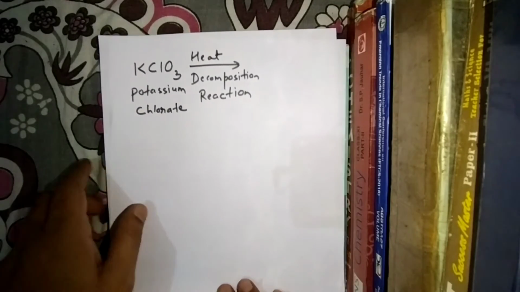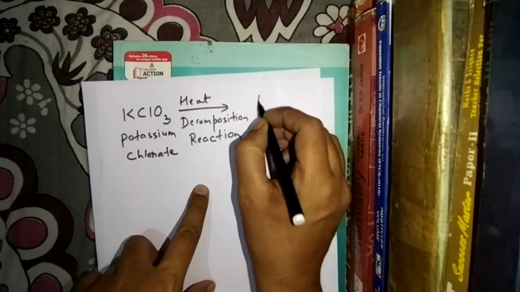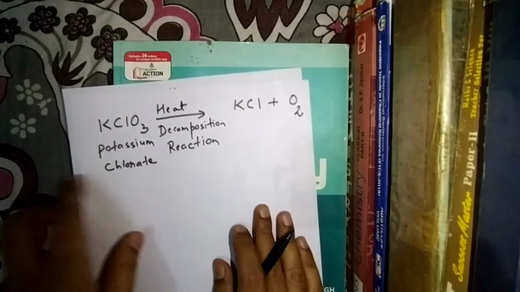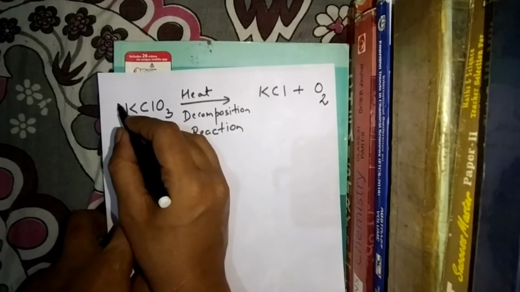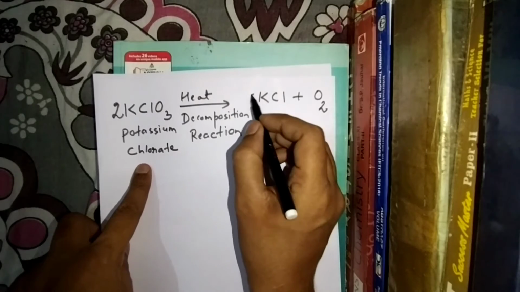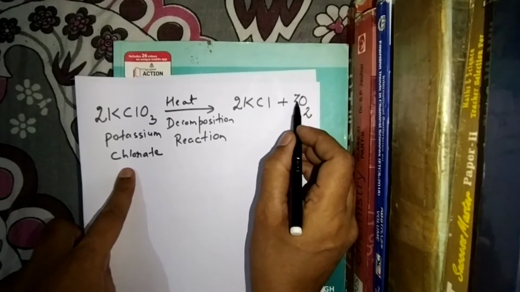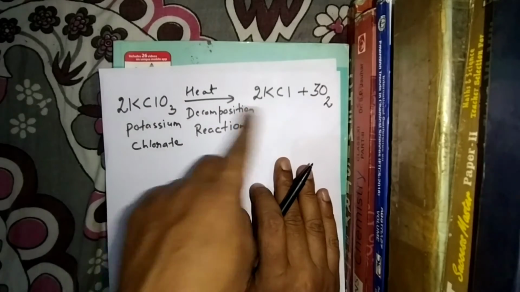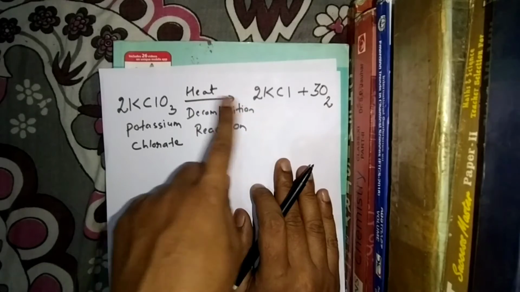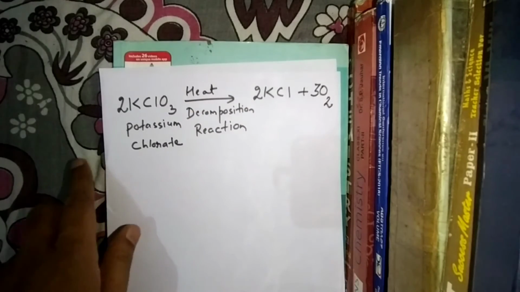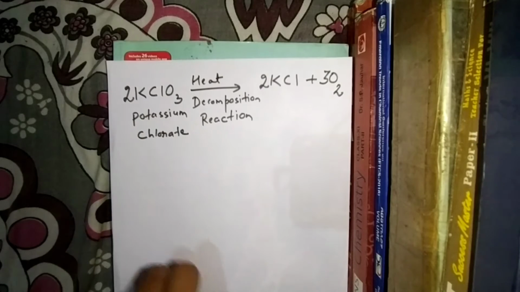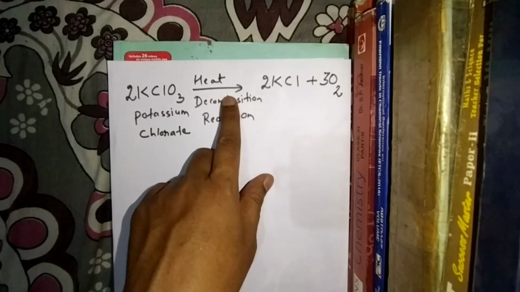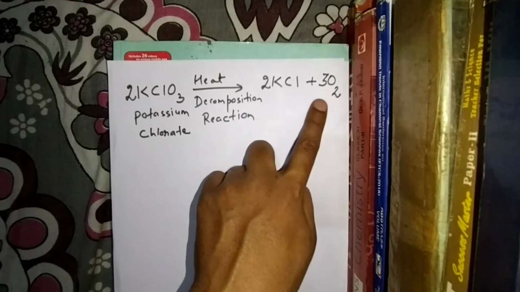It decomposes to form KCl, potassium chloride, and oxygen gas. Now this equation is not balanced, so to balance it we will multiply it by 2 and here we multiply it by 3, so that the number of oxygen atoms on both sides become equal. Balancing हम पहले भी पढ़ चुके हैं. So it is another example of decomposition reaction where decomposition is taking place with the help of heat. Potassium chlorate on heating gives potassium chloride and oxygen gas.